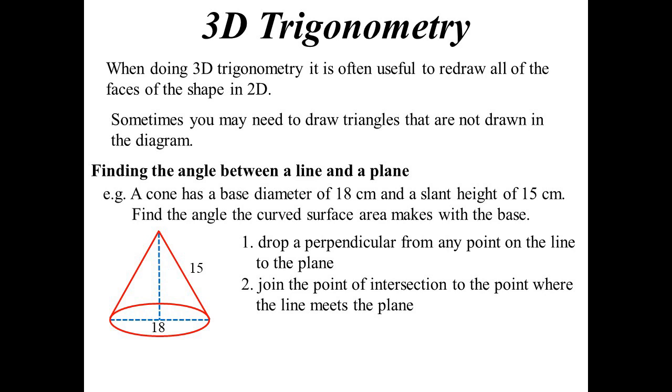You join the point of intersection of that line you drop down along to the plane. Now, conveniently, because of the shape I've got, that's the diameter of a circle. I've already got that line there, and it's half the diameter, so it's a simple right angled triangle trig problem. So 9 over 15 would be the cosine of that angle. Okay, 53 degrees, we've got the answer.